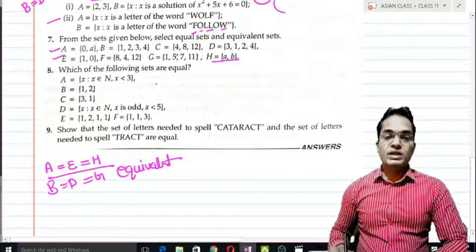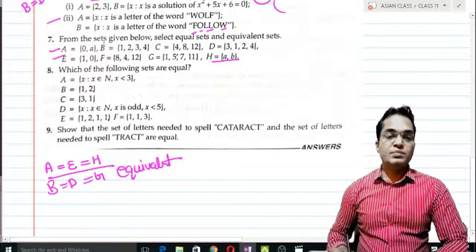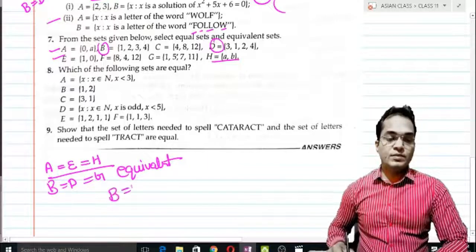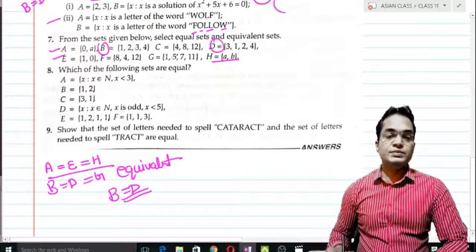For the equal case, we can say that B is equal to D, because 1, 2, 3, 4, and I think no other set.